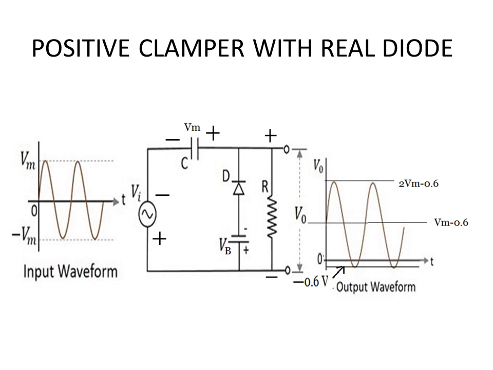So the positive side is from 0 to 2 Vm minus 0.6, whereas the negative side is from 0 to negative 0.6. So the total voltage will be 2 Vm itself, because it does not change the shape or size of the waveform. Only thing is that there will be a shift. Okay.